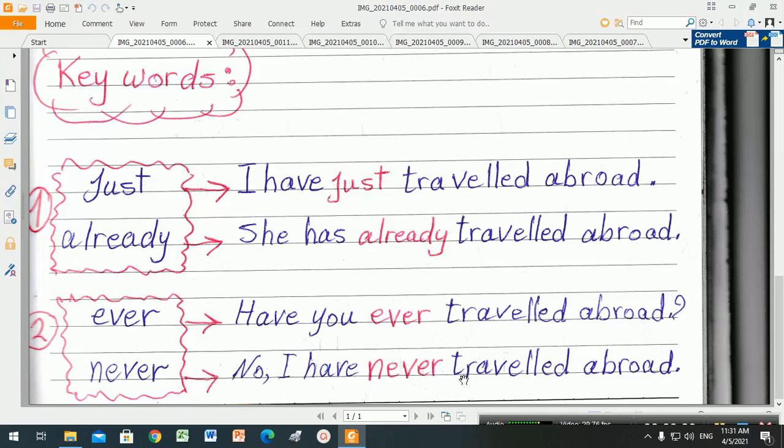No, I have never traveled abroad. Never comes only in negative. يعني never ما بتجيش إلا في النيجاتيف. And this is instead of what? Instead of not. If we remove never, I can say, no, I haven't traveled abroad. Okay?